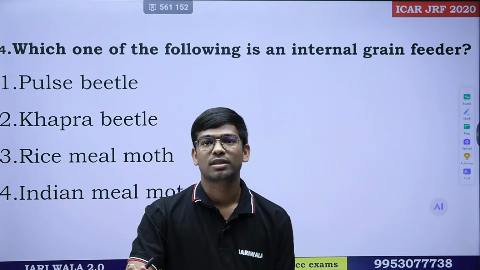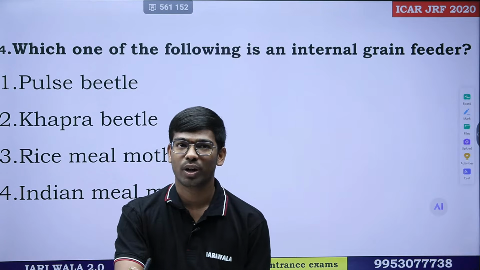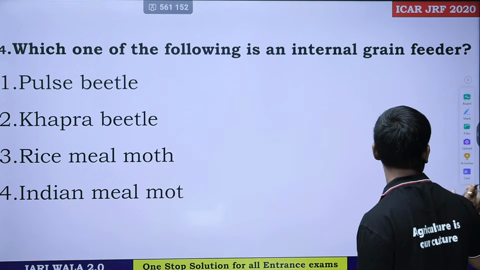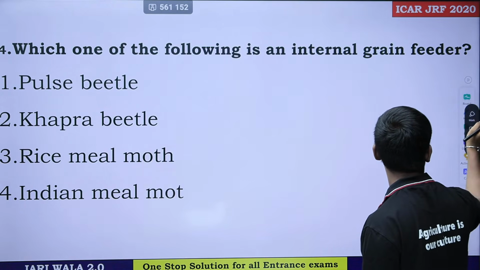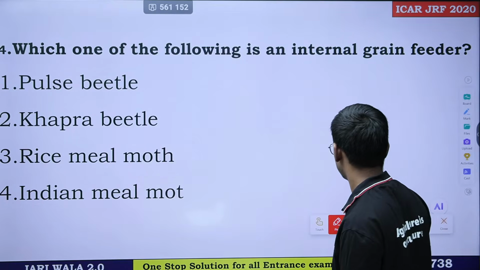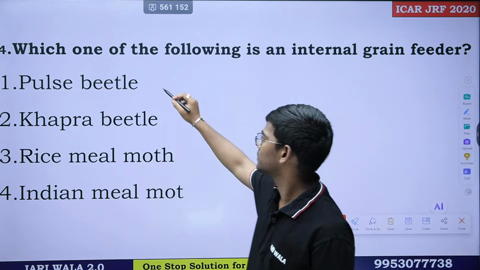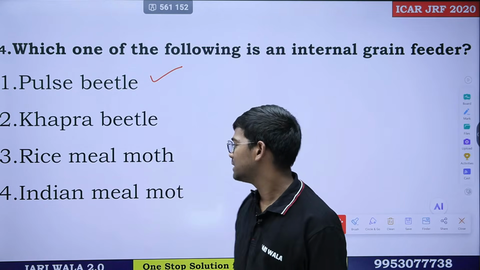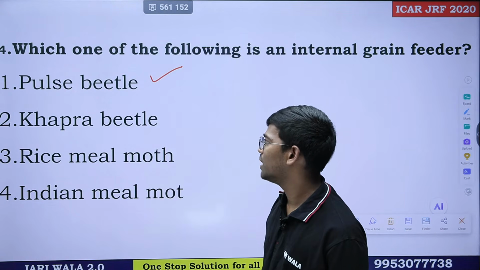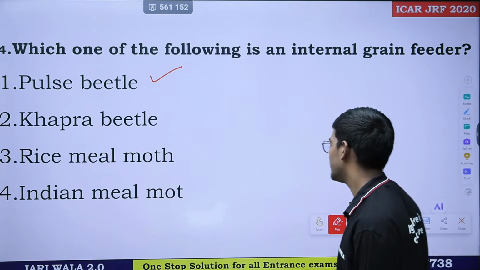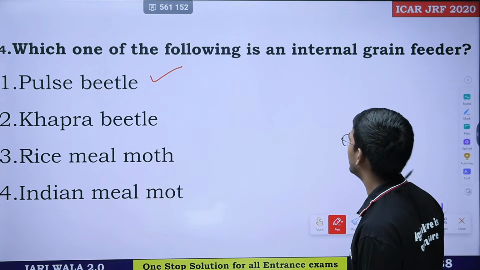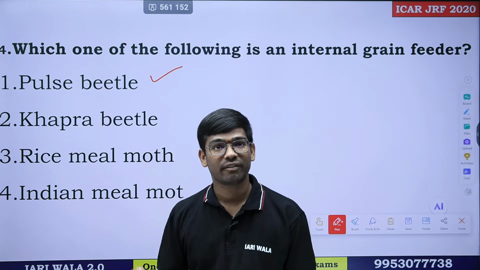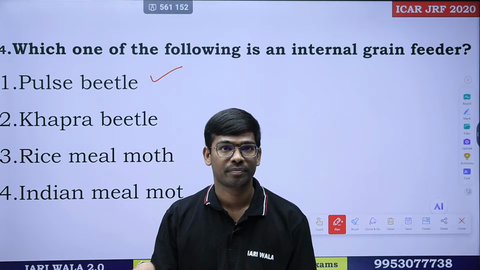Yes, good. Some of the students texted option 1 or the A, that is pulse beetle. So we all know this Indian meal moth, Khapra beetle, then after rice moth, that is Corcyra cephalonica, comes under external feeder. So the internal feeder is the pulse beetle. Apart from pulse beetle, again we are having the 9 internal feeders.